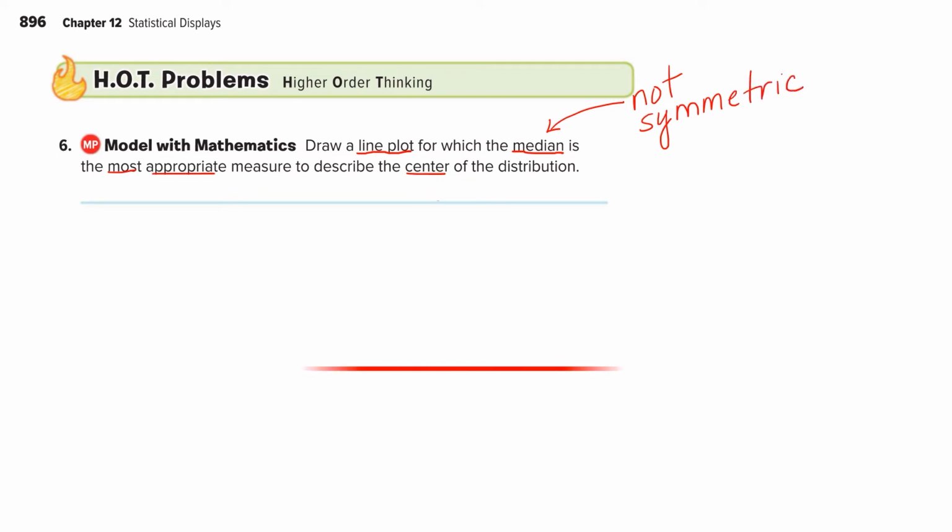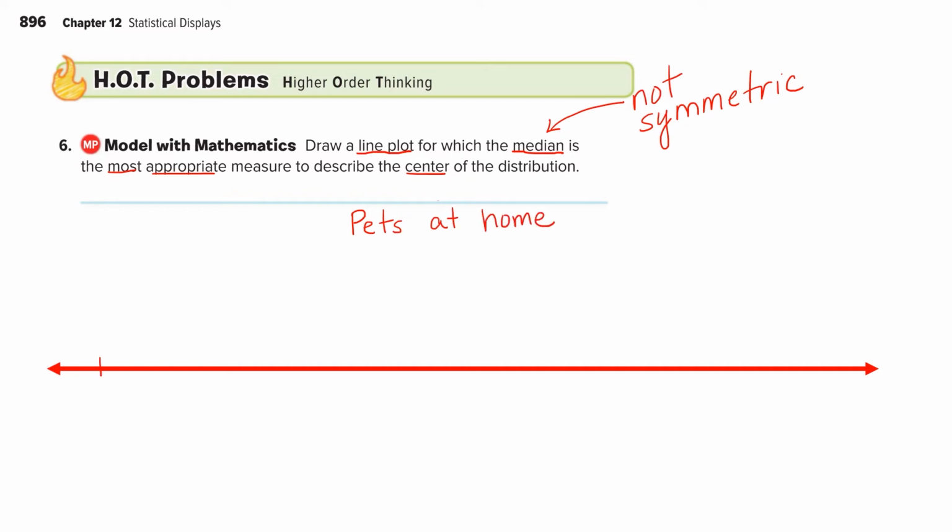All right, so let's make a graph. Let's call our graph pets at home. And we'll start with 0, 1, 2, 3.